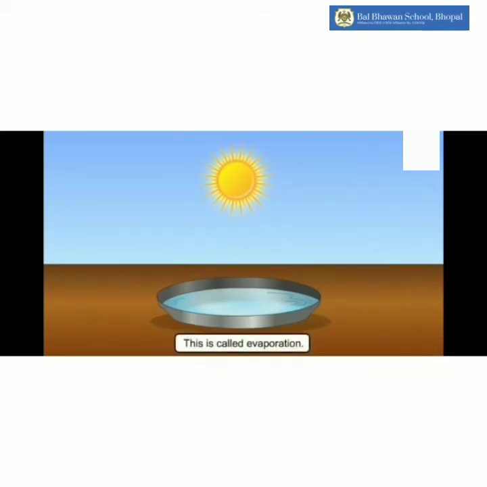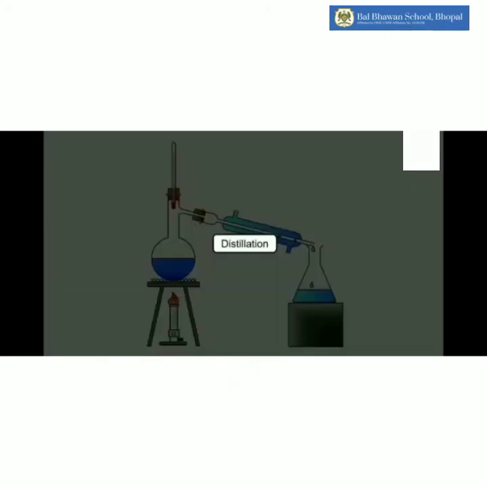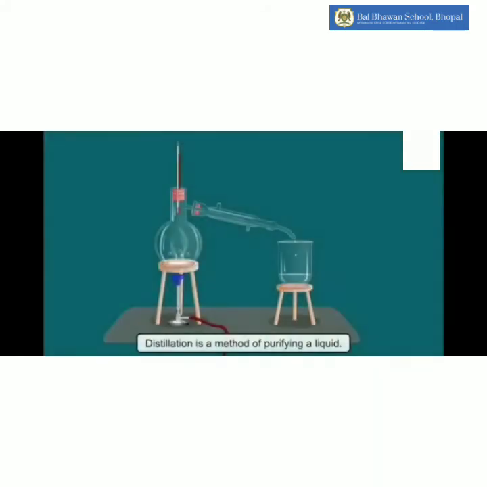Water, when heated up, changes into water vapor, and the process is called evaporation. Another method is distillation. Distillation is the method of purifying a liquid. The liquid is vaporized, condensed, and collected separately during the process of distillation.